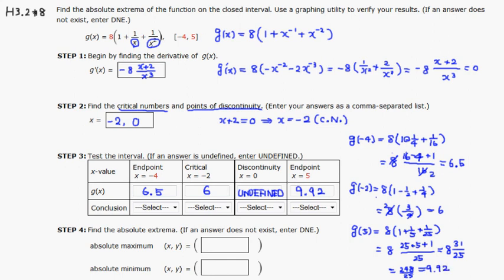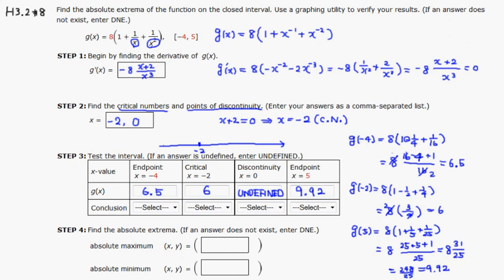All right, then we have to make a little more observation to know which is max and which is min. There's not much room, so I'll probably do it right here. Critical numbers: put negative 2 here.